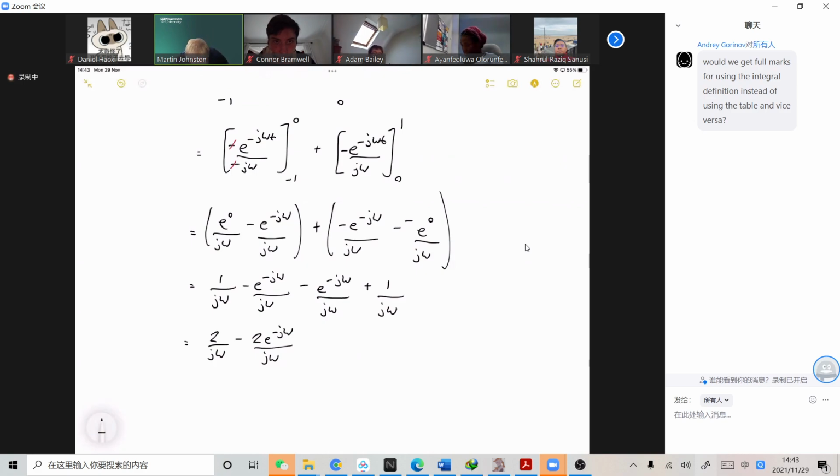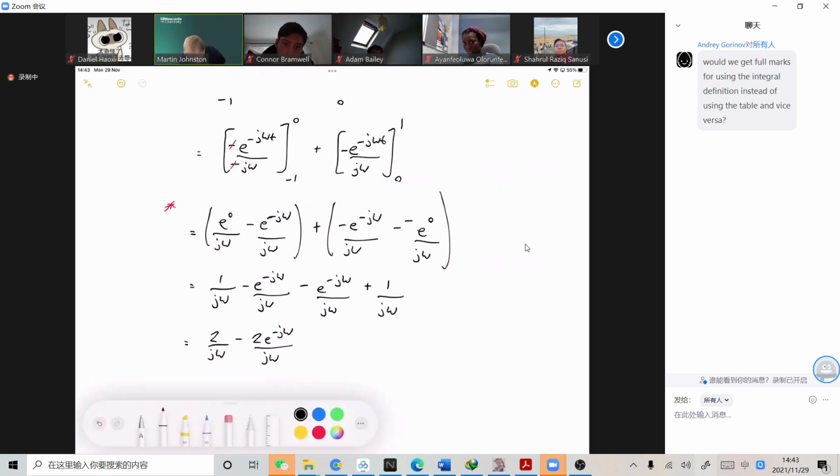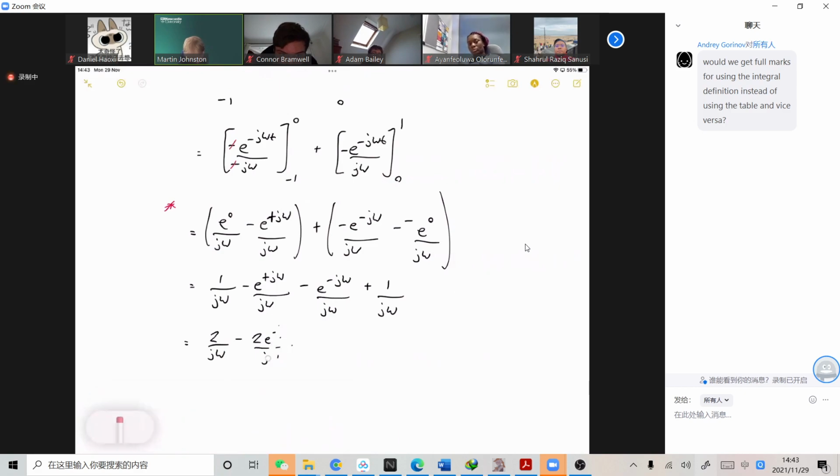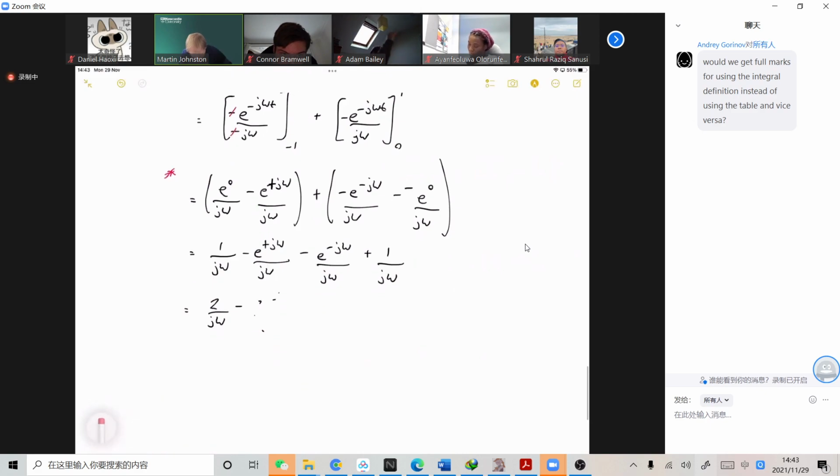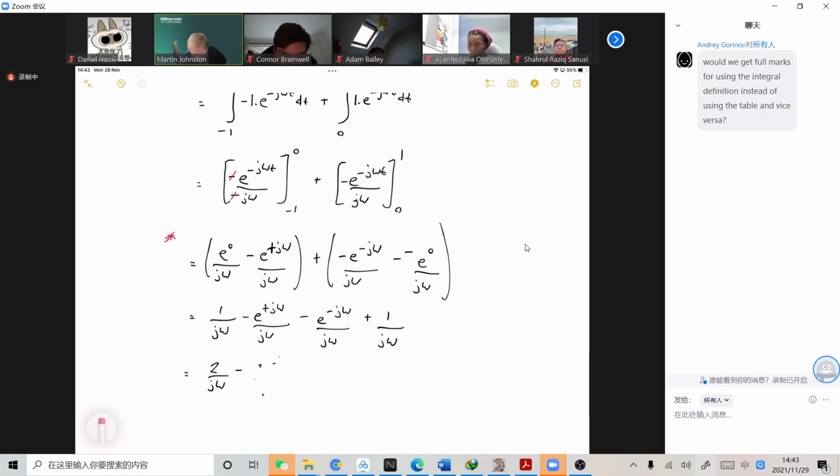Now, something's not quite right somewhere. I've just spotted it. On this row here, that should be a plus. I just realised, yeah, it should be a plus, because t equals -1.